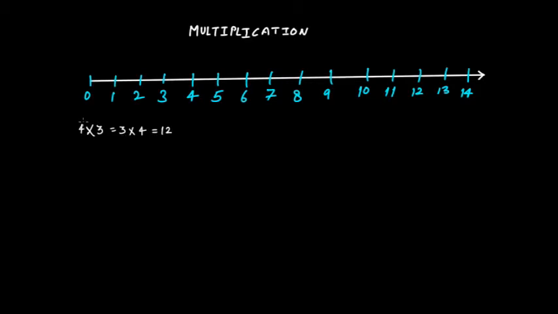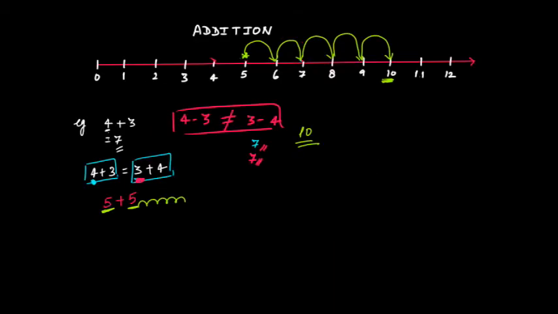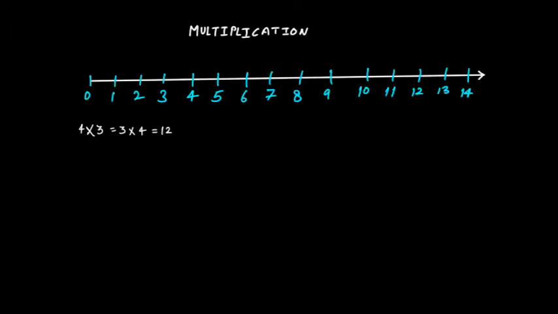In addition or subtraction, like in 4 minus 2, we started at 4, and in addition we started from 4 or from 3 as per our wish. But in multiplication, make a note that you'll always start from 0.